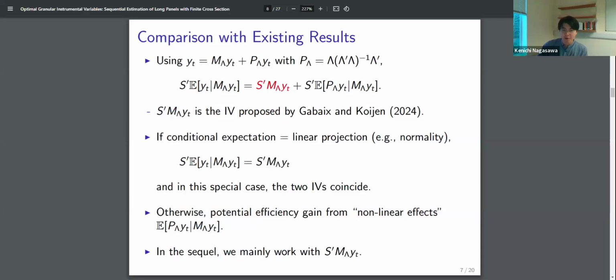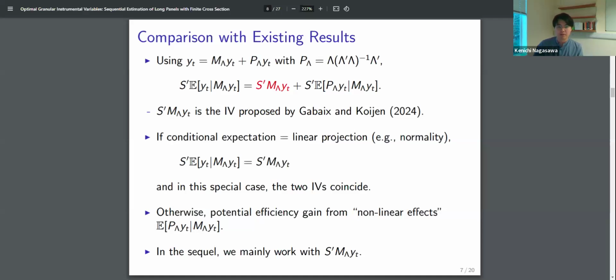If the conditional expectation equals the linear projection, let's say you have joint normality of the underlying shocks, then this conditional expectation equals the first term. In that special case, our optimal instrument coincides with the instrument proposed by Gabaix and Koijen, so the two results are the same.